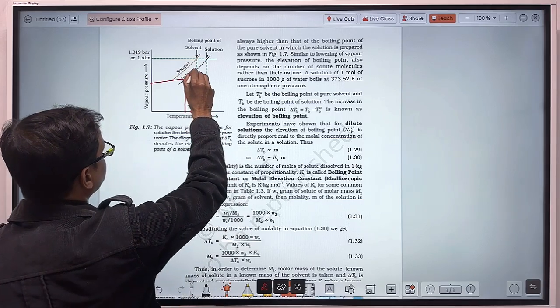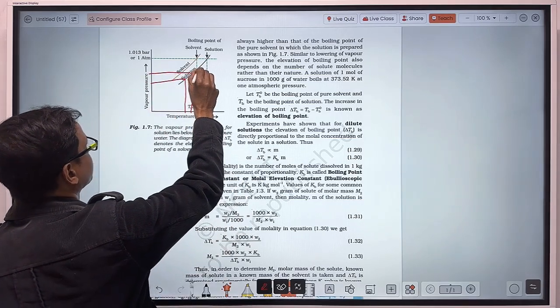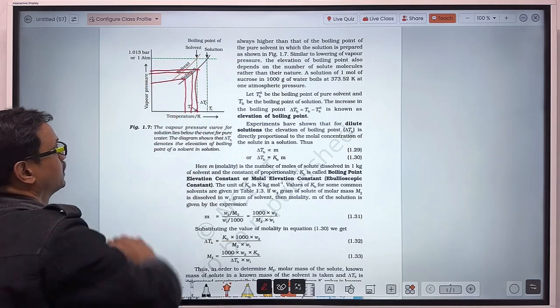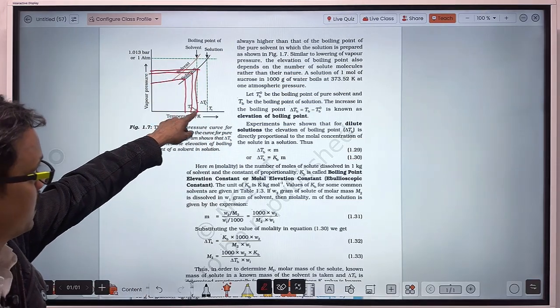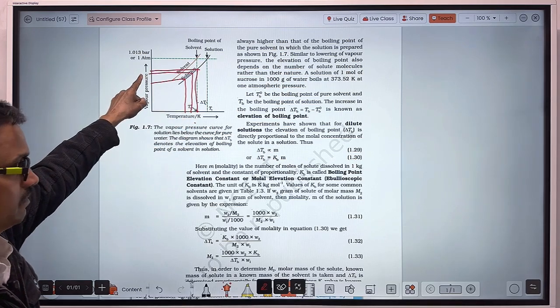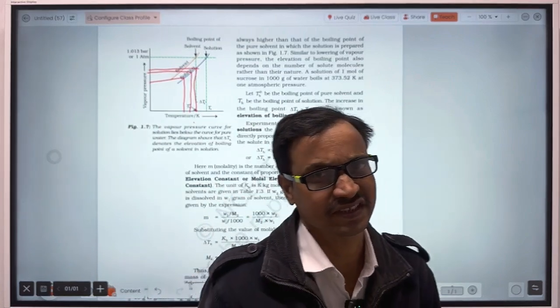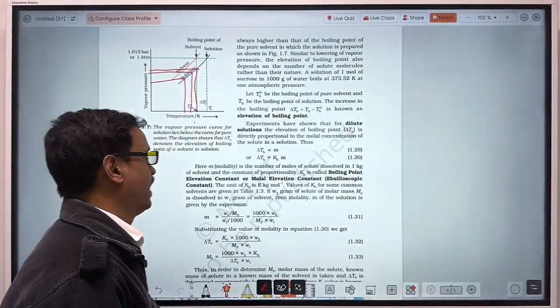At this temperature, the vapor pressure of the solution has not become equal to 1 atm, so this temperature is not the boiling point of the solution.